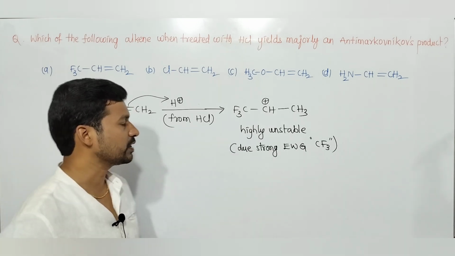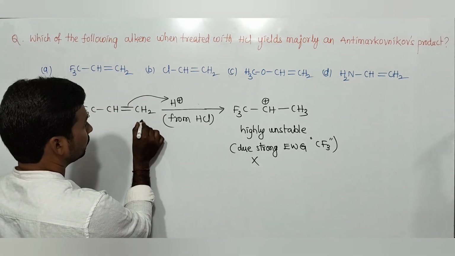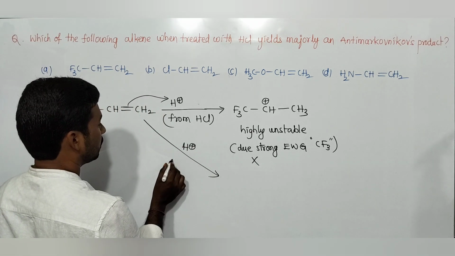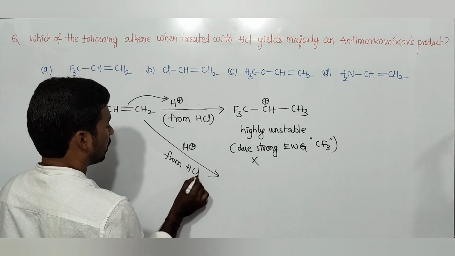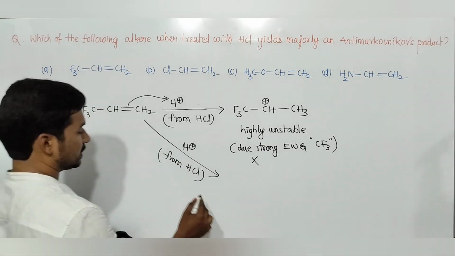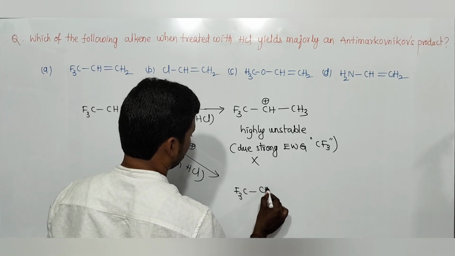That's why this is unstable. So this will not form. Which will form? Addition takes place like this, H plus from HCl. It does not lead to that much instability. So the reverse of Markovnikov's rule takes place in the presence of a strong electron withdrawing group.